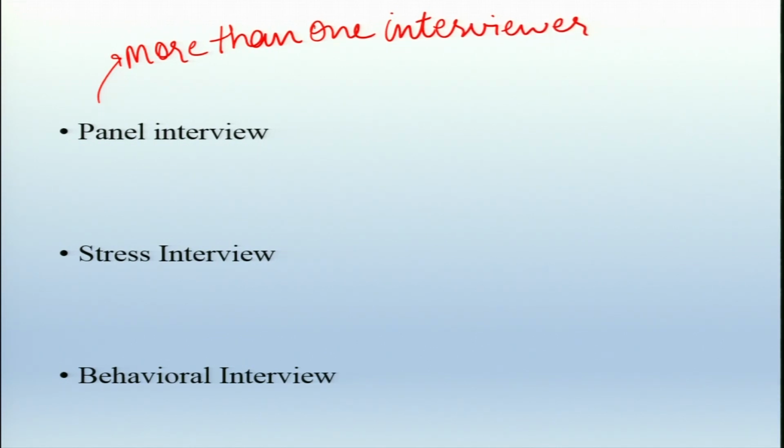Why is the organization spending so much? Of course, they are spending. If one of the top management is taking the interview, only one person is involved. If you are asking 4 different people, 4 heads of the organization from different departments to sit and take the interview, you are utilizing the resources 4 times. So, is it a wise decision? Don't you think it is just a wastage of resources which the organization is doing?